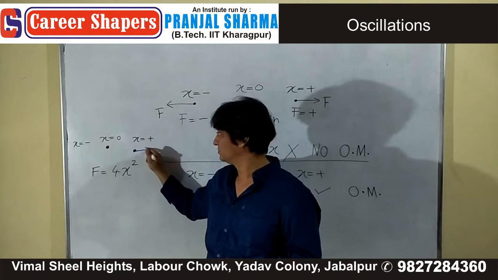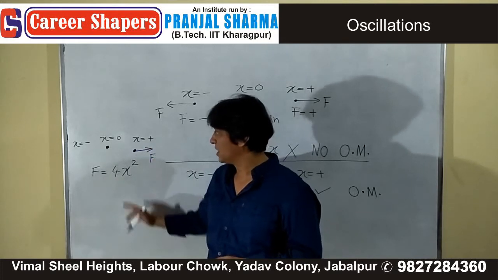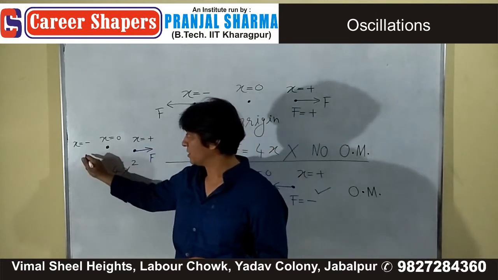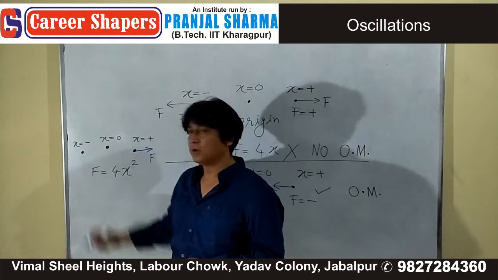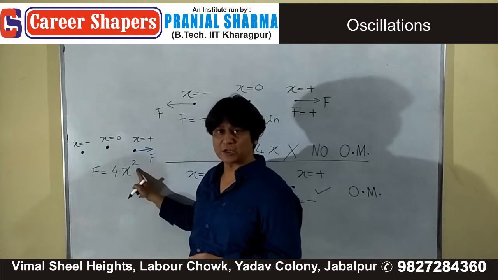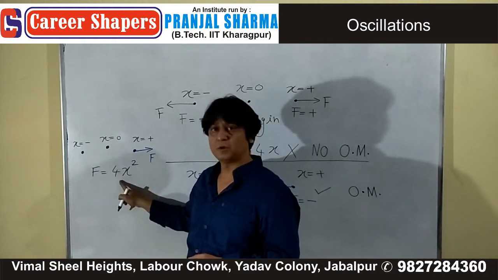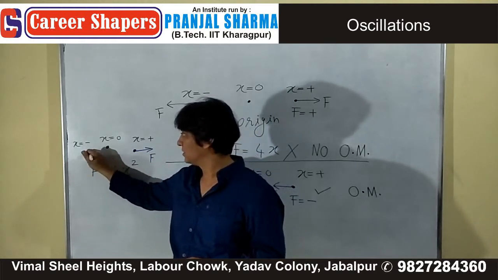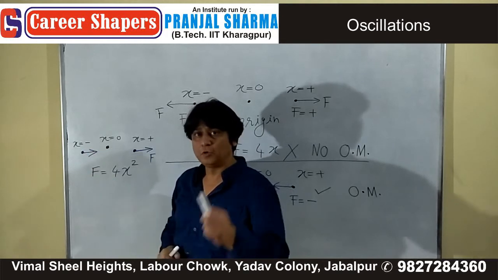Positive. That's the direction of force. If object is over here, force is again what? Positive. X is negative, square of that is positive, force is coming what? Positive. Which means what?